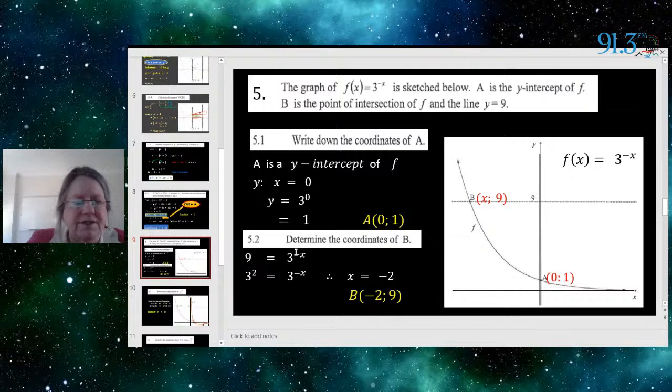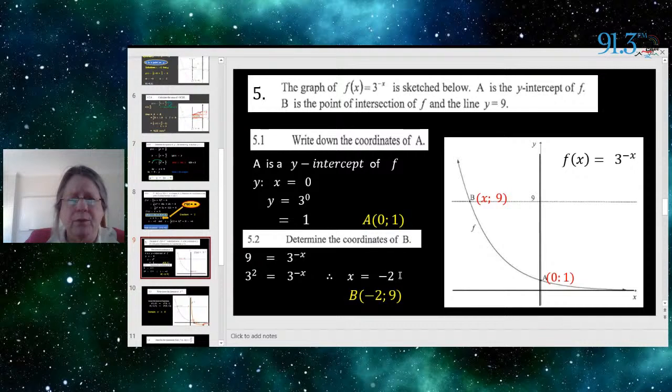So whenever you see exponents in algebra, break your numbers into prime numbers. So 9 becomes 3 to the power 2 equals 3 to the power negative x. If the bases are the same, we can get rid of them. So negative x equals 2. So x will be negative 2.